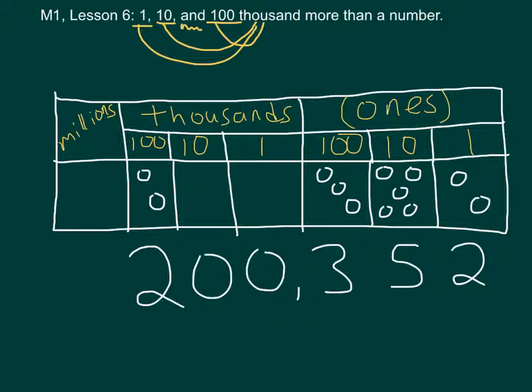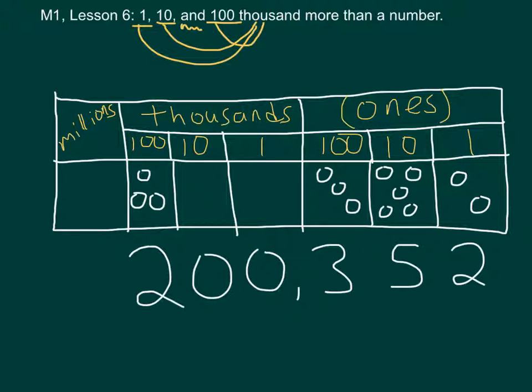And we want to know, what is 100,000 more than that number? So we look around and we're looking for something in the thousands. No thousands here. Over here I have thousands and 100,000s. So if I want 100,000 more than a number, there's 100,000. So we can simply add 1 to the 100,000s. And we count up our answers.